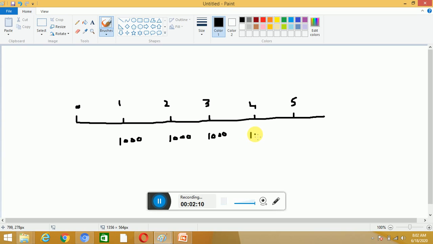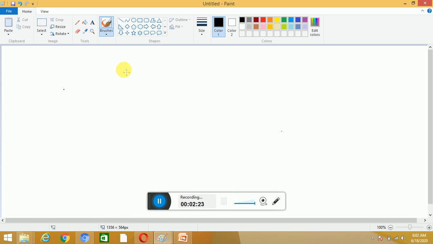Talking about ordinary annuity, 1000 and 1000 here. Now, if you remember, in the previous class we discussed future value. Timeline 0, 1, 2, 3, 4 and 5.